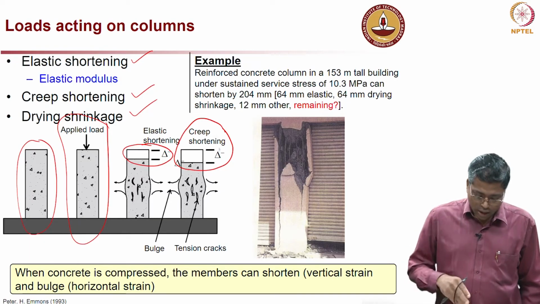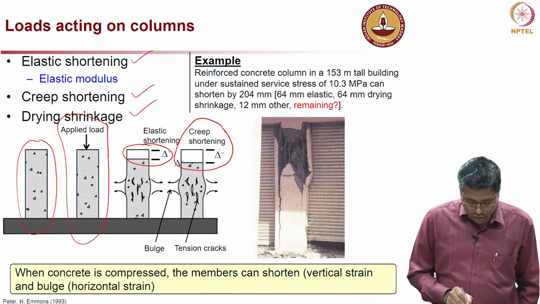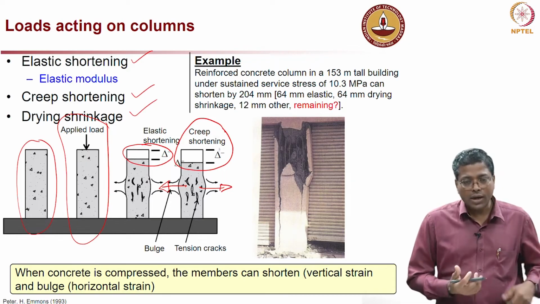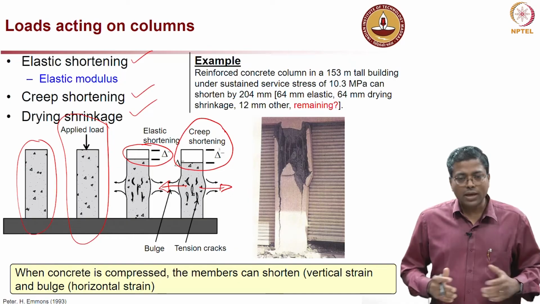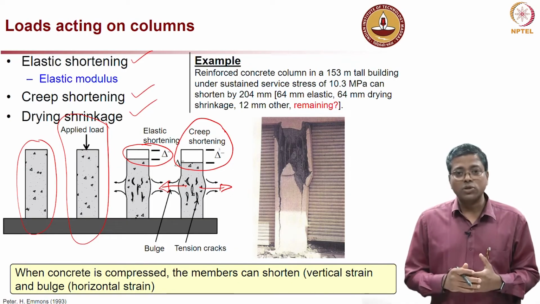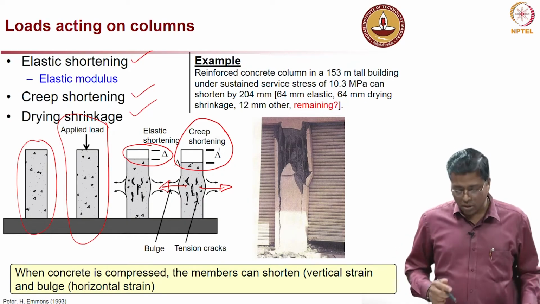Because there is a load acting in the axial direction, the Poisson's effect might lead to a lateral expansion or laterally outward forces, which might tend to crack the concrete, or the reinforcement might tend to bulge out, and push the concrete cover.